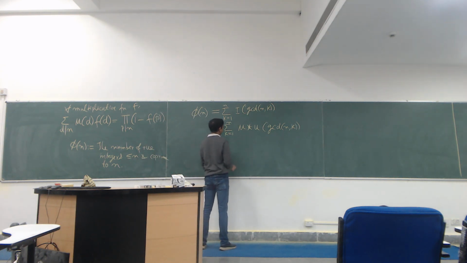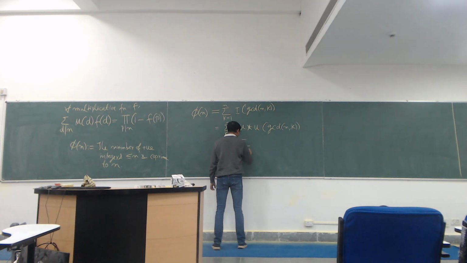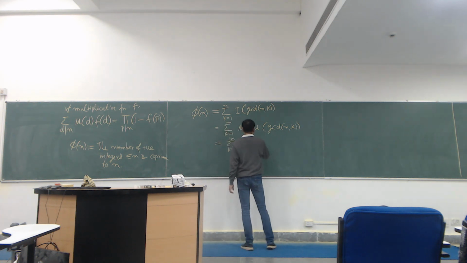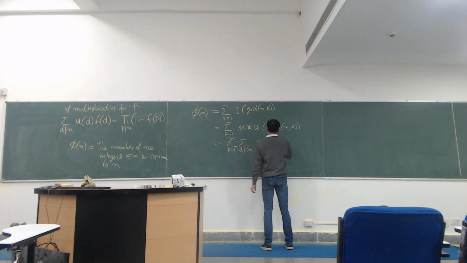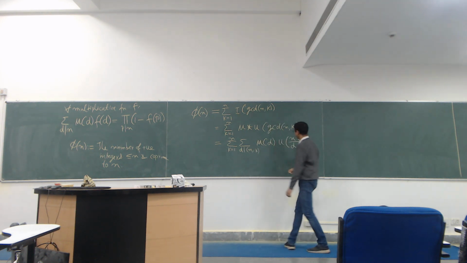And now if you write the convolution out, what does it become? The sum over k from 1 to n, summation over d dividing gcd(n, k), of mu(d) times u(n by d), right?